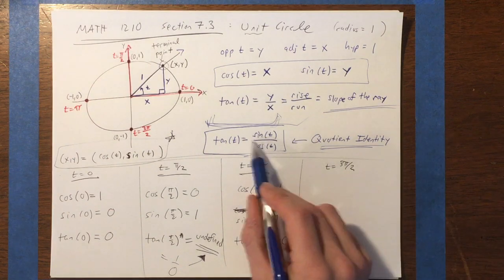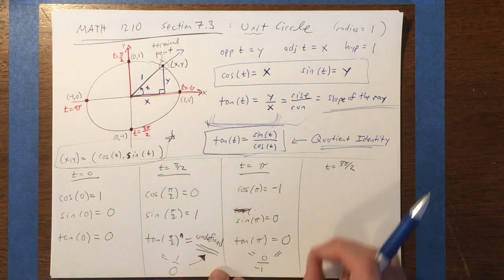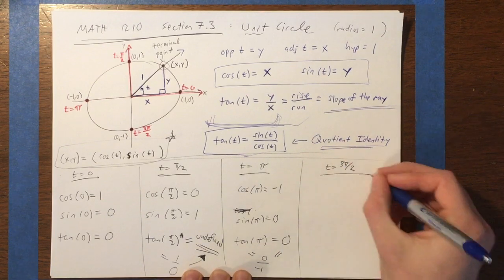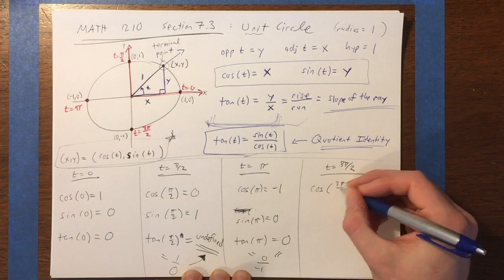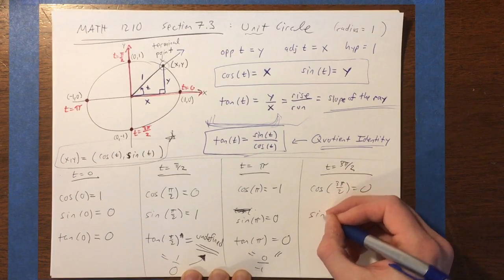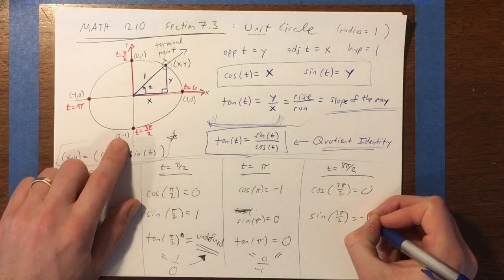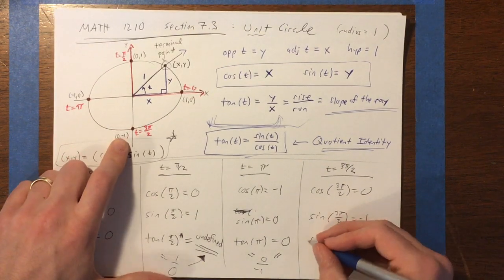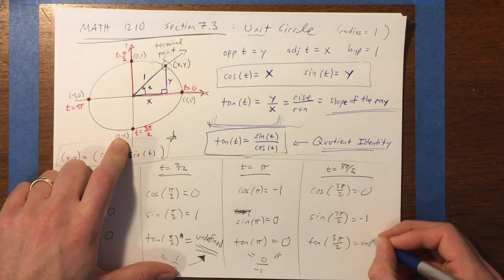So bringing in the quotient identity works too; you can use that to justify the same answer. And finally, for 3 pi over 2, cosine of 3 pi over 2 is 0. Sine of 3 pi over 2 is -1, because we're looking at this point. And the tangent of 3 pi over 2 is, again, undefined.